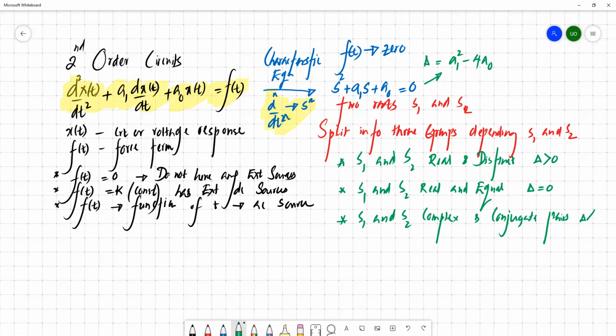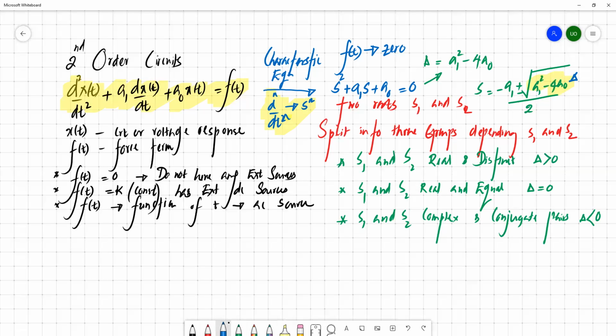For the third case, delta is less than 0. So these are the two roots, and this is the delta term. Based on this delta, we can simply categorize into three. So this is the discussion we had last time.